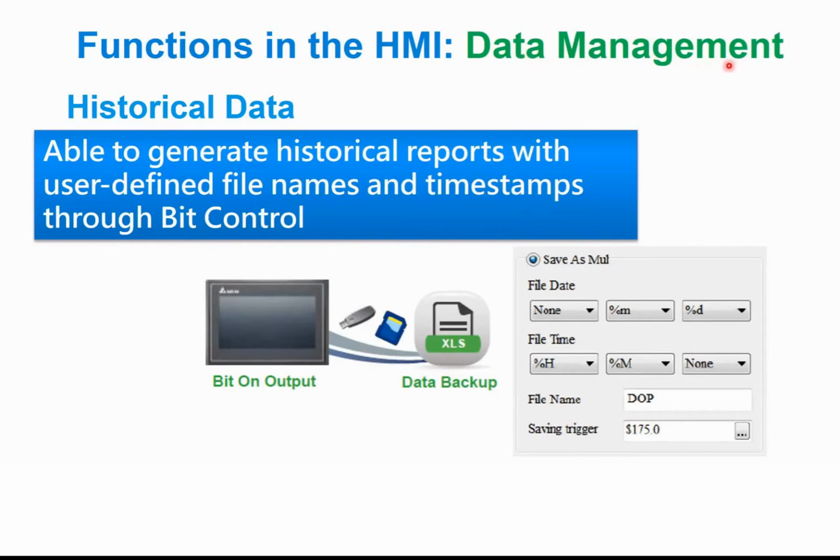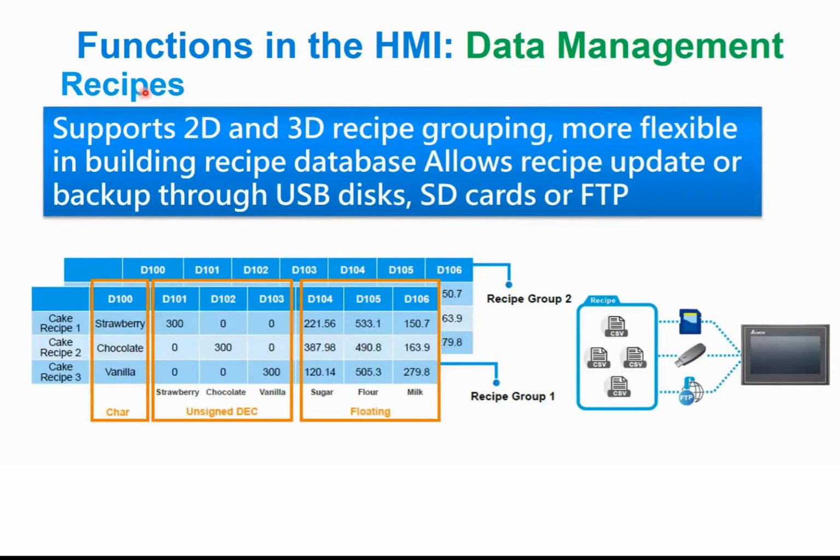Another data management function we have is recipe. Recipe is a convenient way to manage data, especially in factories when you are producing different kinds of products, but the process is the same.